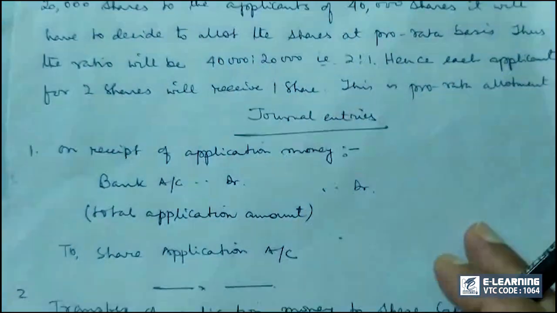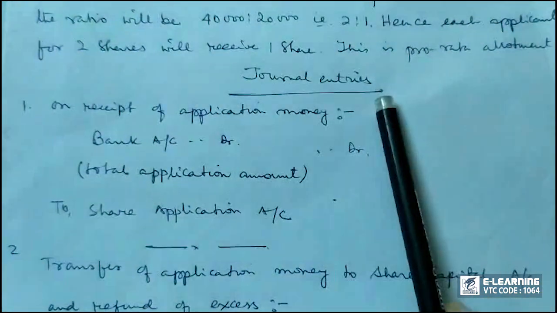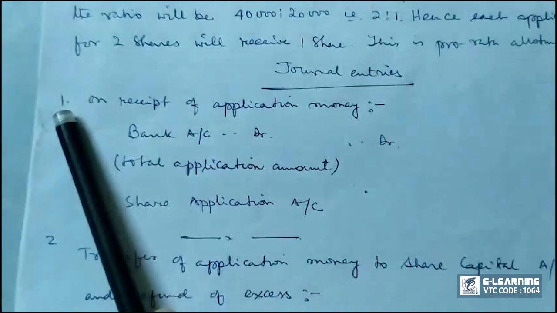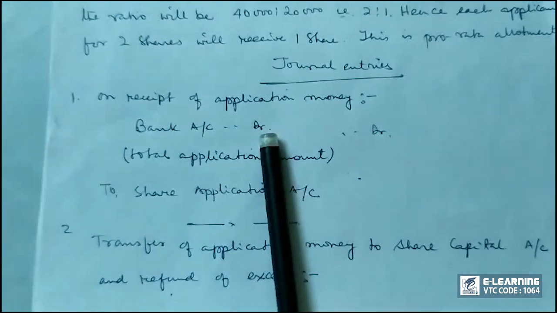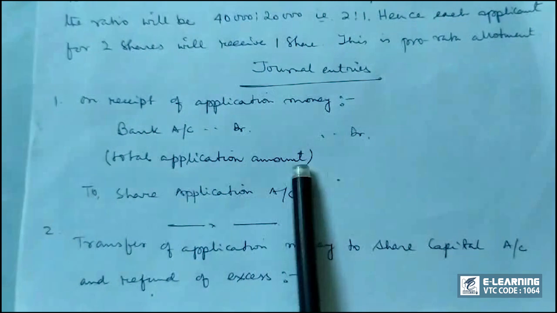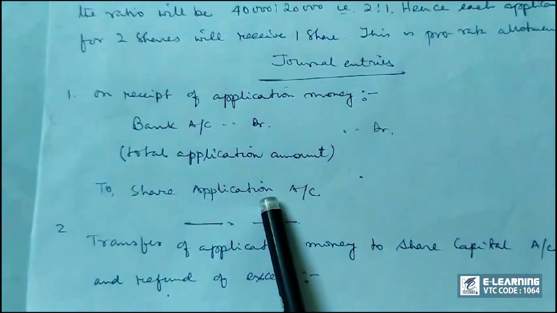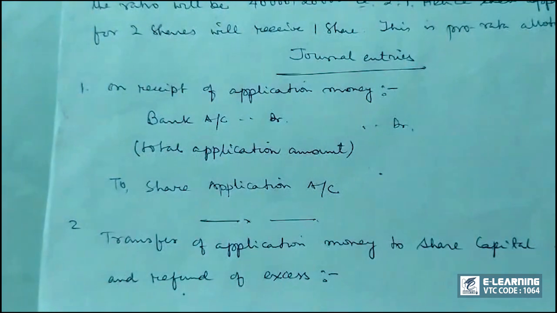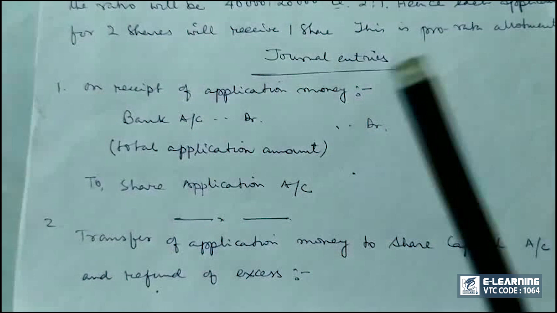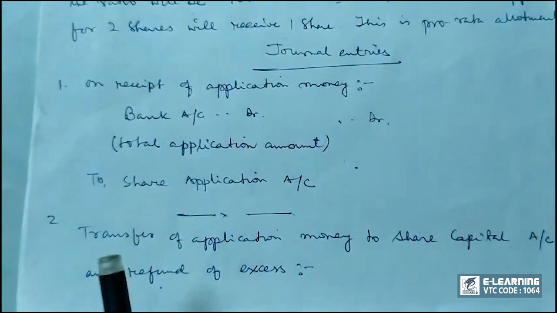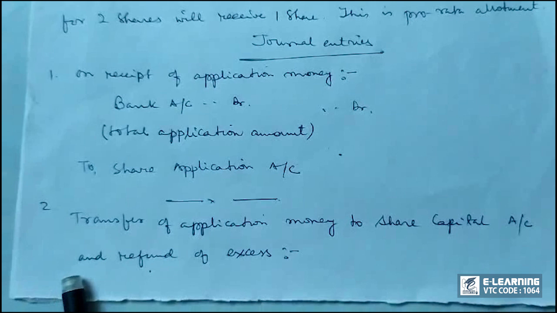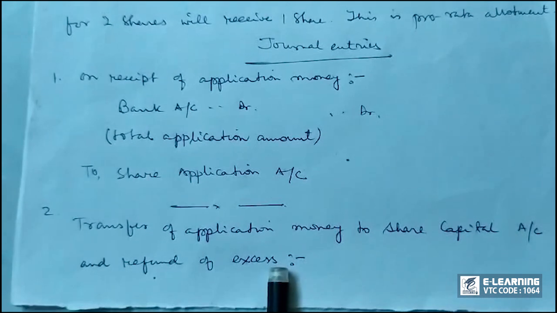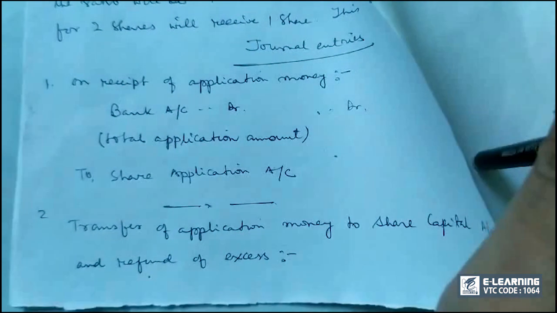Now, we will go straight to the journal entries. On receipt of application money, we debit bank account with the total application amount and credit share application account. This is as usual. Second is the transfer of application money to share capital account and refund of excess money.